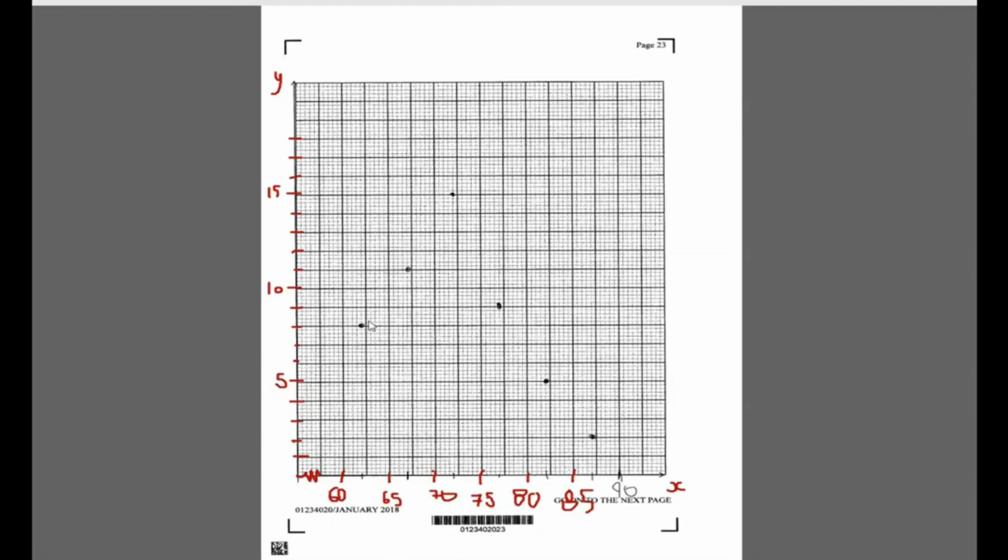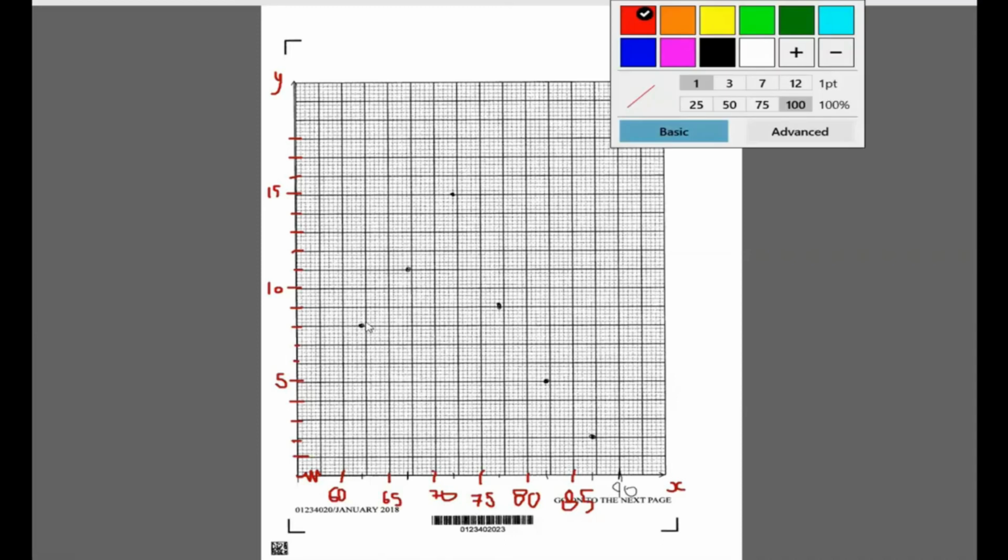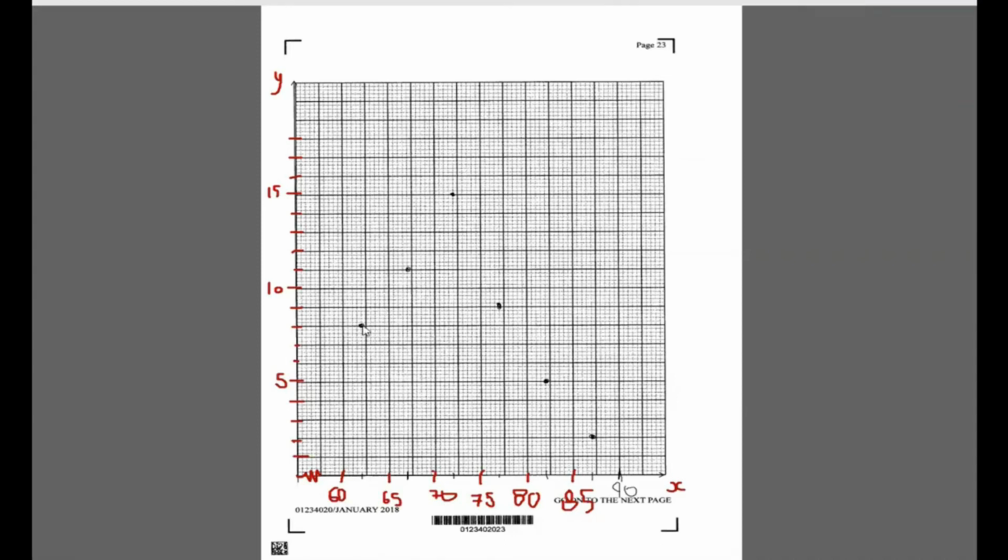Now you can plot the frequency polygon. Just draw some lines connecting the points. I'm going to go with red. All you're doing is connecting the points to make the frequency polygon.